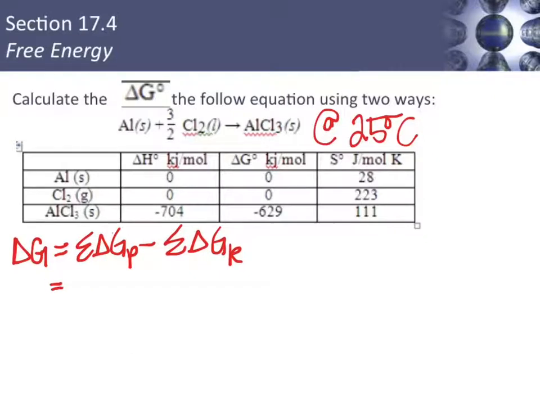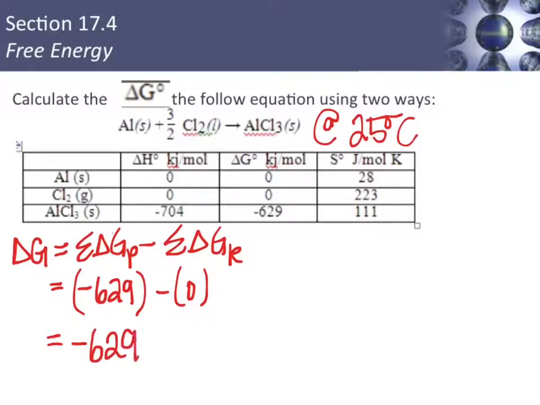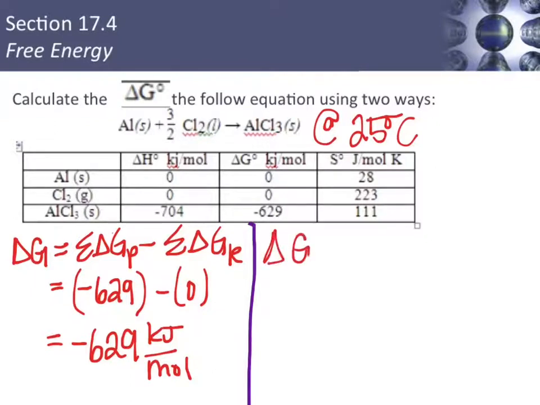So products is negative 629 minus our reactants, which is 0. So delta G is negative 629 kilojoules per mole. Everybody good with that?